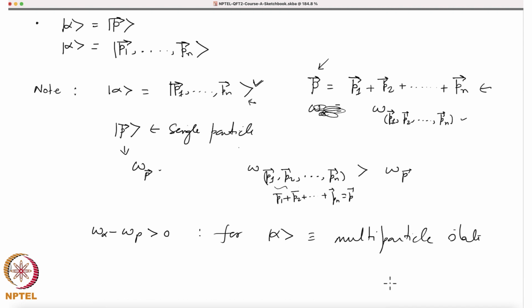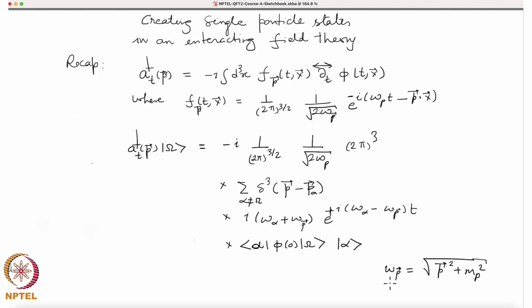So this being corrected, we have omega alpha minus omega p.